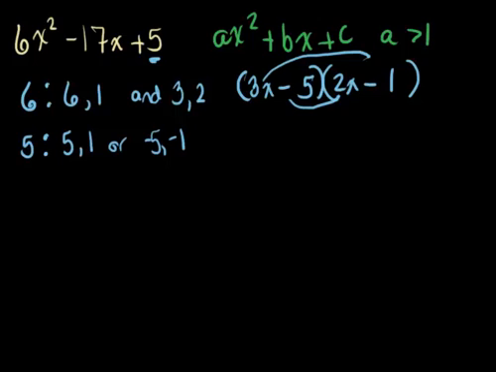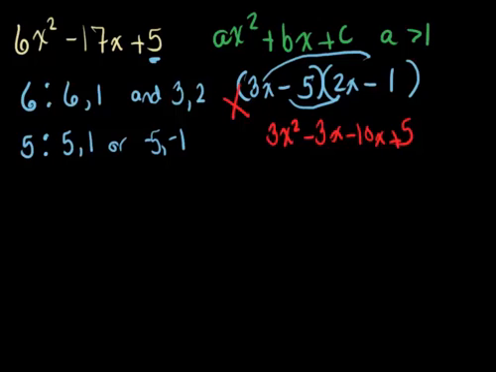So when we do this with the FOIL method, and I will put this in red, we get 3x squared, and then minus 3x minus 10x plus 5. Well, -3 minus 10 is not -17. So this version right here that we have is incorrect. So we are going to try doing it with something else.